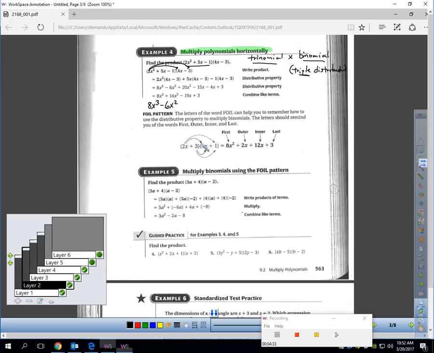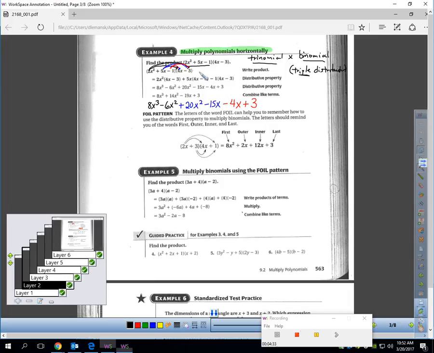Ready? I'm going to do 2x squared times 4x and 2x squared times negative 3, which is going to give me 8x cubed minus 6x squared. Then I have to take 5x times 4x, which is positive 20x squared, and I got to take 5x times negative 3, which is negative 15x.